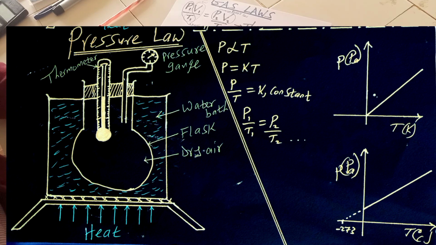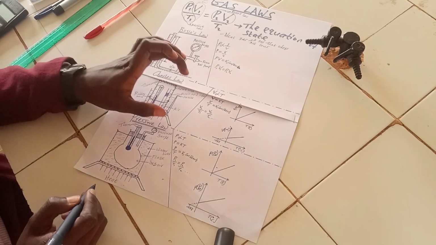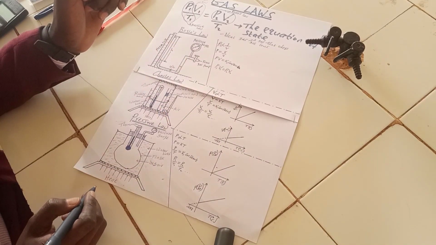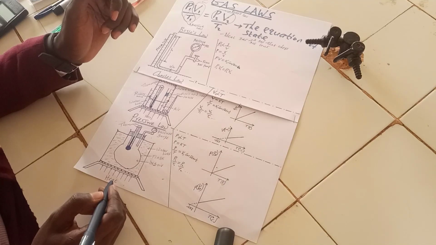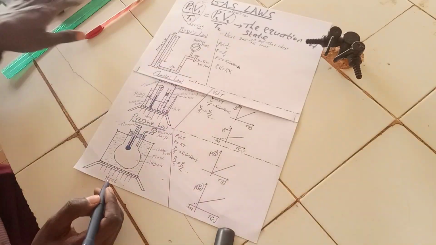If you prolong this graph, it is passing through a point here, which is negative 273 degrees Celsius. That's how you draw the graph of Charles and the graph of pressure law, meaning those graphs are simply telling you that they are directly proportional.